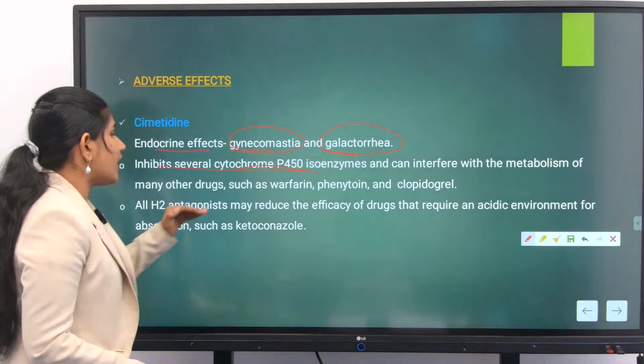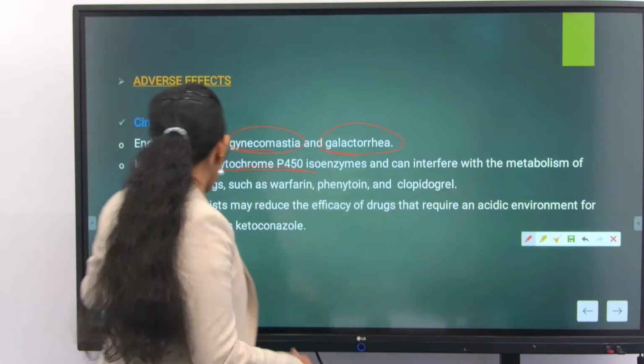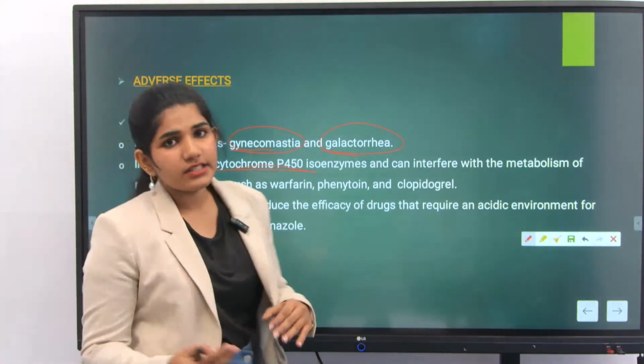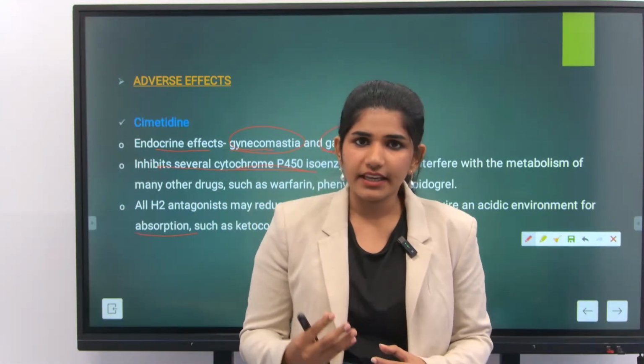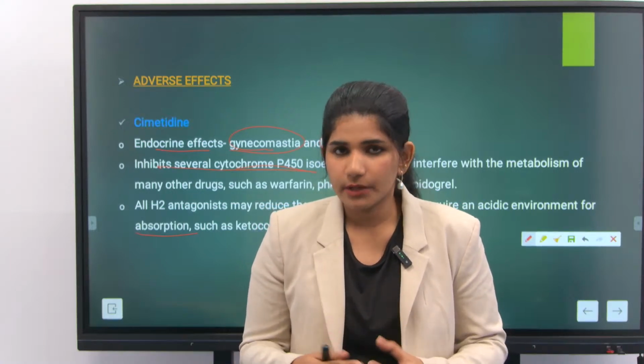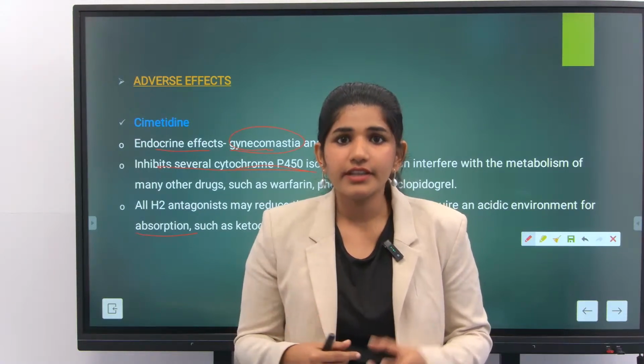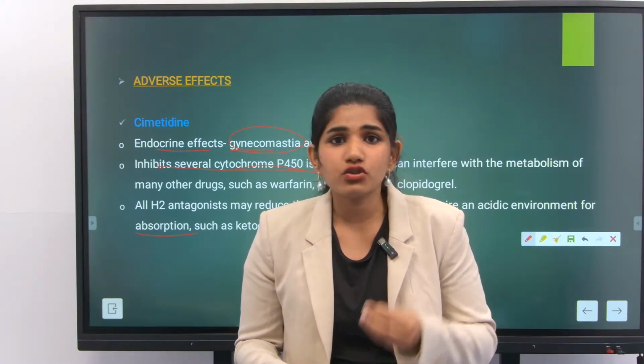All the H2 antagonists may reduce the efficacy of drugs that require an acidic environment for absorption. Ketoconazole always requires an acidic environment for its absorption. In peptic ulcer conditions, we give the H2 antihistaminics.